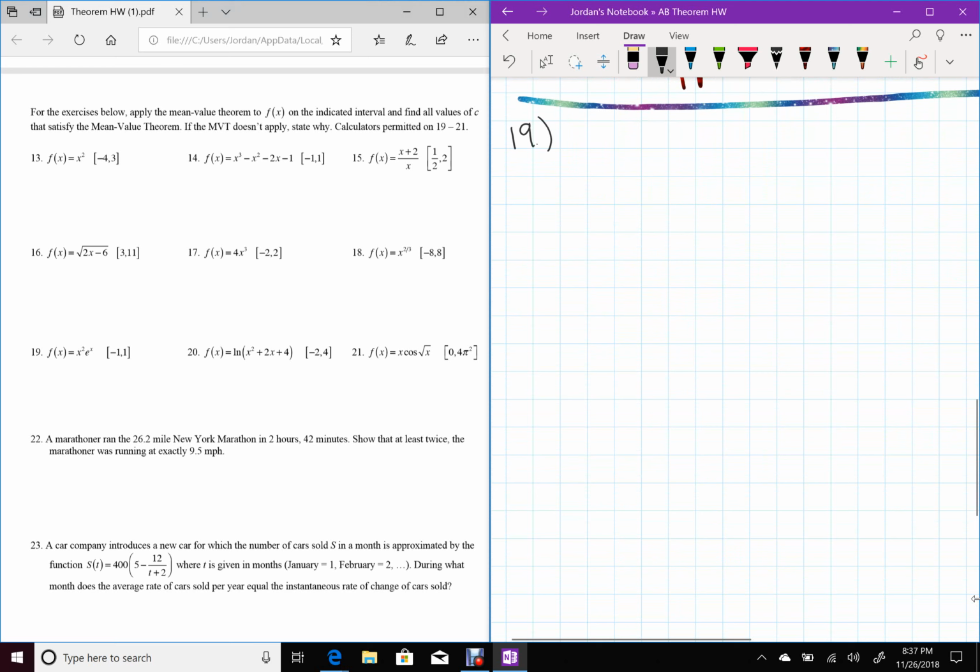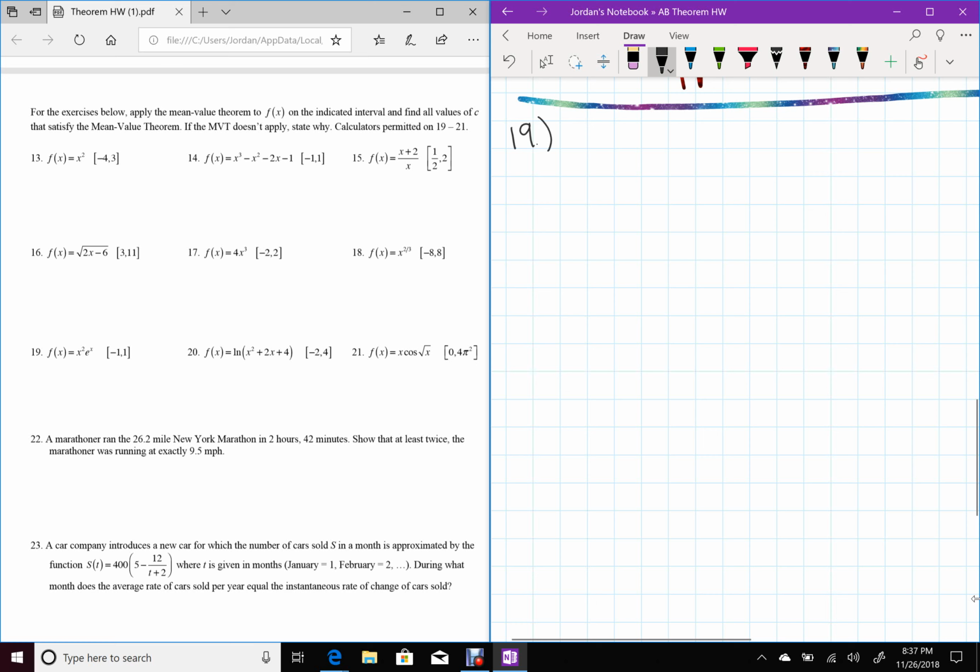Number 19 says to apply the mean value theorem on the indicated interval and find all values of C that satisfy the mean value theorem. If the mean value theorem doesn't apply, state why.